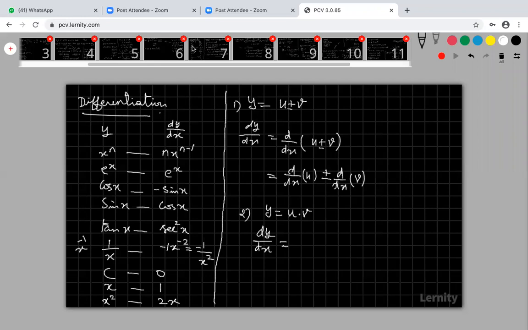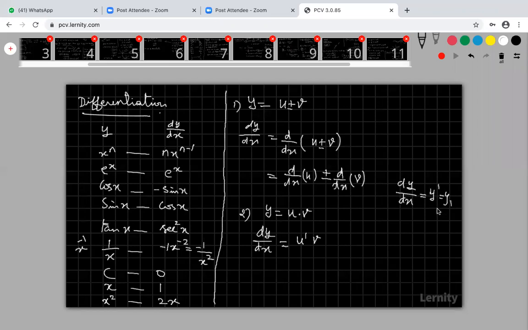My suggestion is that you first differentiate this. That means u dash, keep v as it is. Your dy by dx or y dash or y1, all are the same notation only.